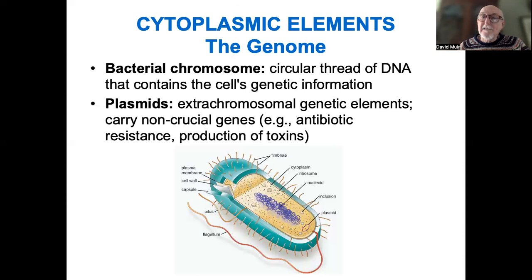And when we talk about disease process, we will hear about how some pathological features can be acquired by bacteria by acquiring plasmids. Plasmids can be acquired from the environment if they are in solution, but they can also be transferred by various means.